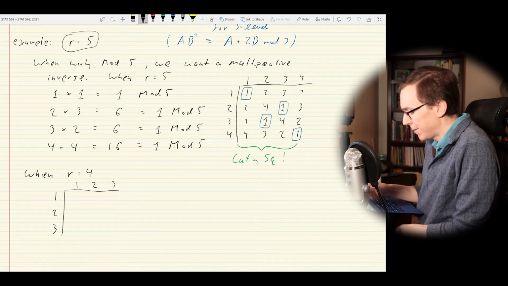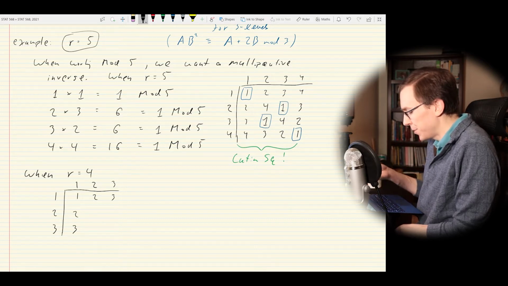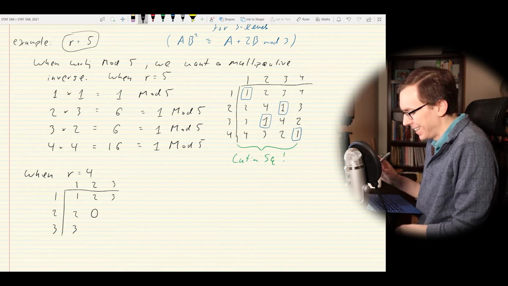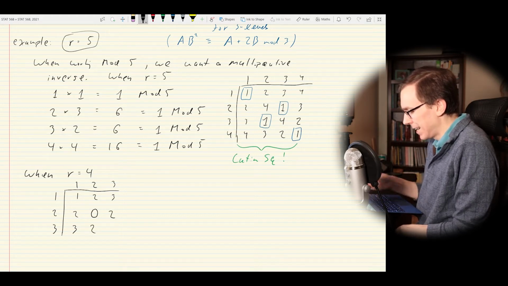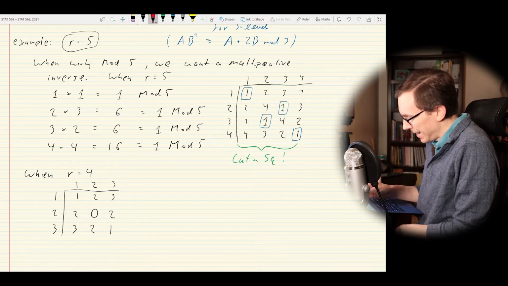So now, if I multiply everything out, I get 1, 2, 3, 2, 3. That's the easy one. 2 times 2 is 4, mod 4 is 0. 2 times 3 is 6, and we get a 2 there. And lastly, 3 times 3 is 9, which is 1.